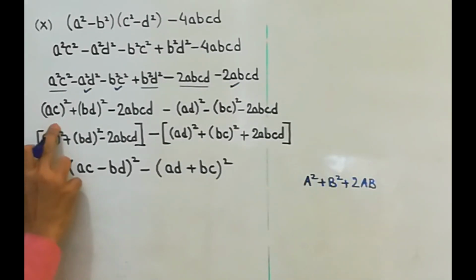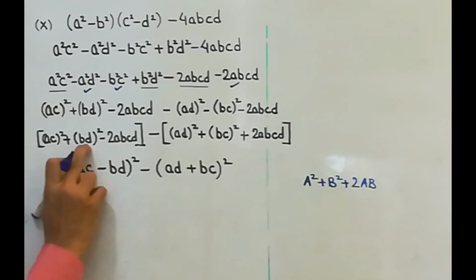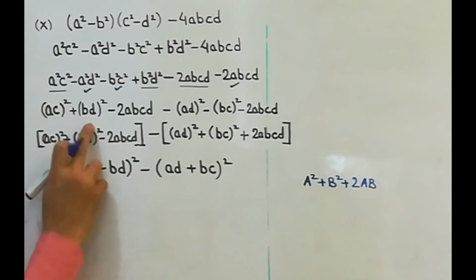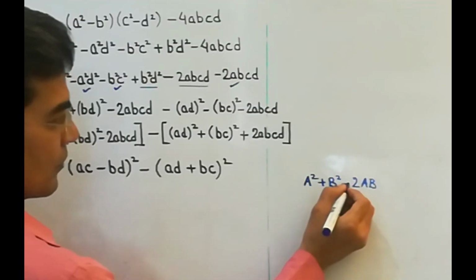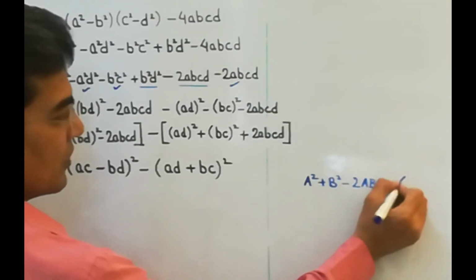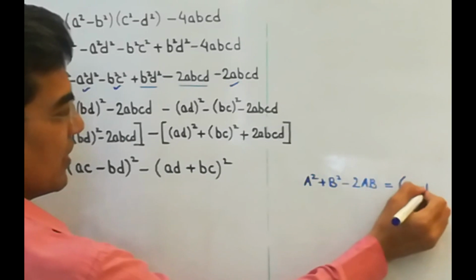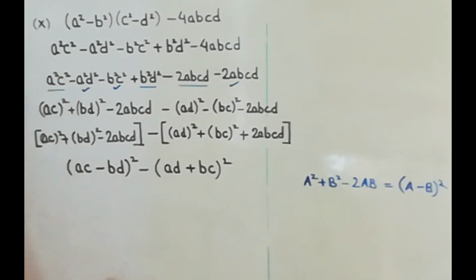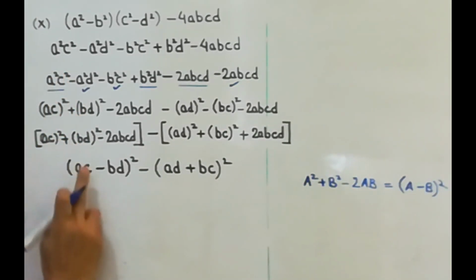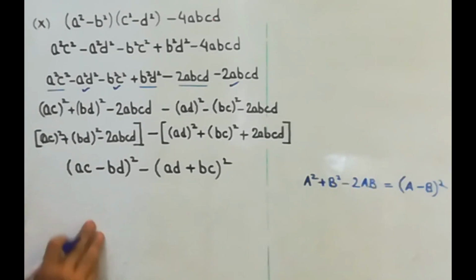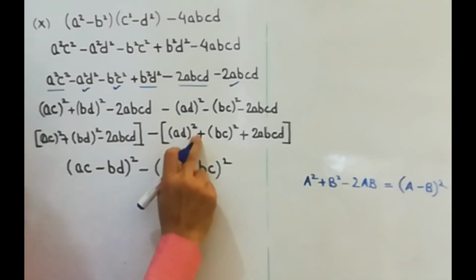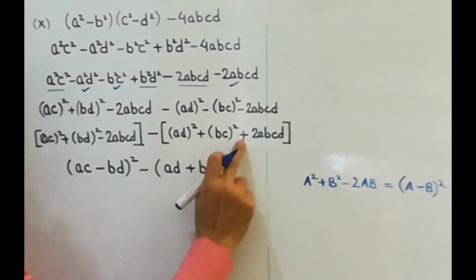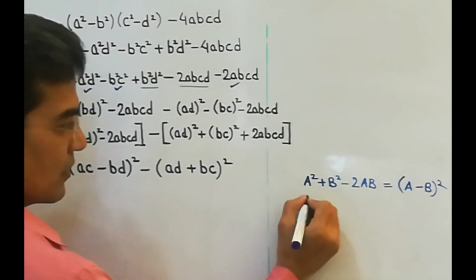This is your A square, this is your A, this is your B. So A square plus B square minus 2AB gives you A minus B whole square. This is our A, this is our B, so we have written A minus B whole square. Now if you see this one, this is your A square plus B square plus 2AB.